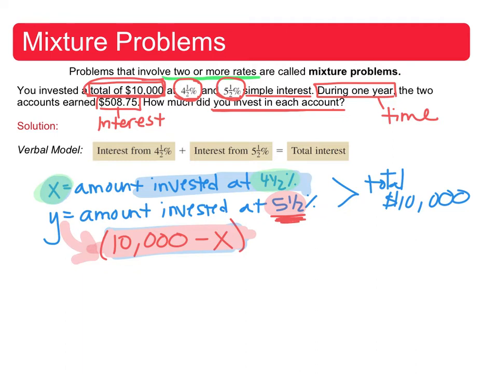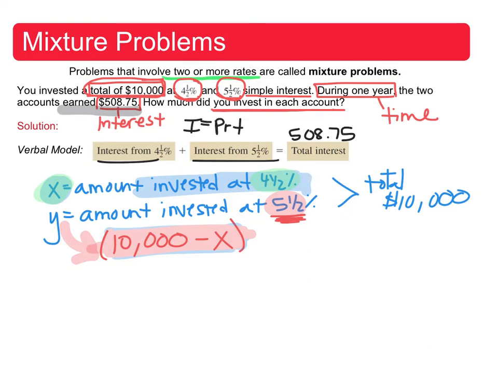So going to the model that they have, we were given the total interest of $508.75. In order to get that, we add the two interests together. Well, we need to know what the simple interest formula is, and we know it's I equals PRT.